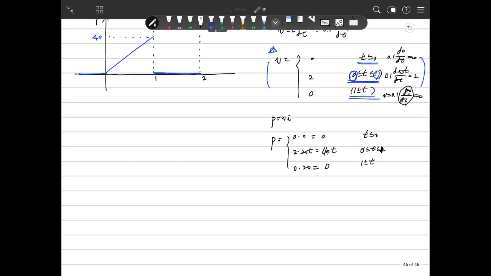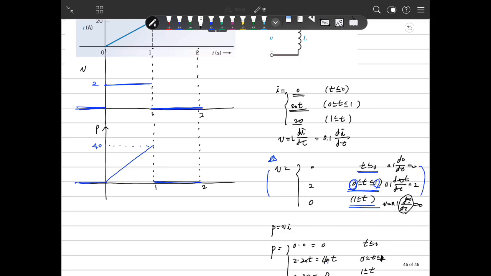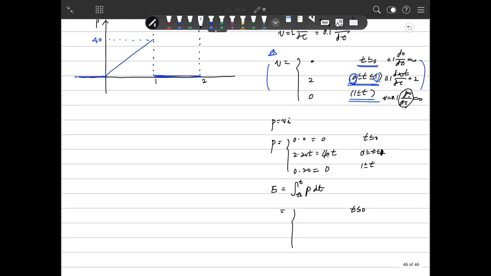And then how about the energy here? The energy is the integral from t0 to t of p dt. Before 0 seconds, when t is smaller than 0, because the current is 0 here, there is no stored energy in the inductor.